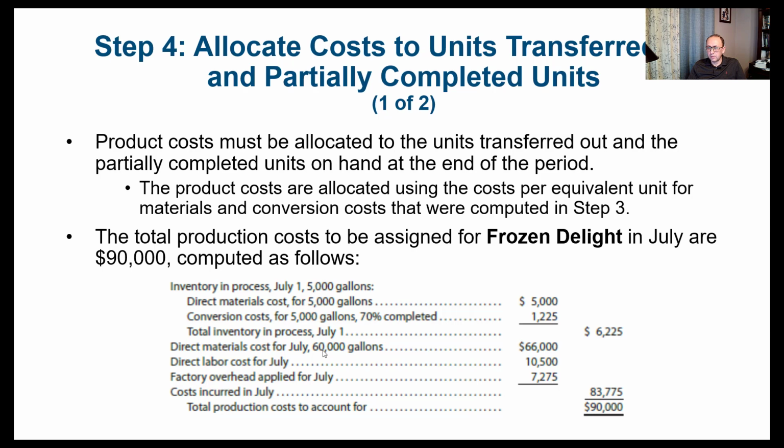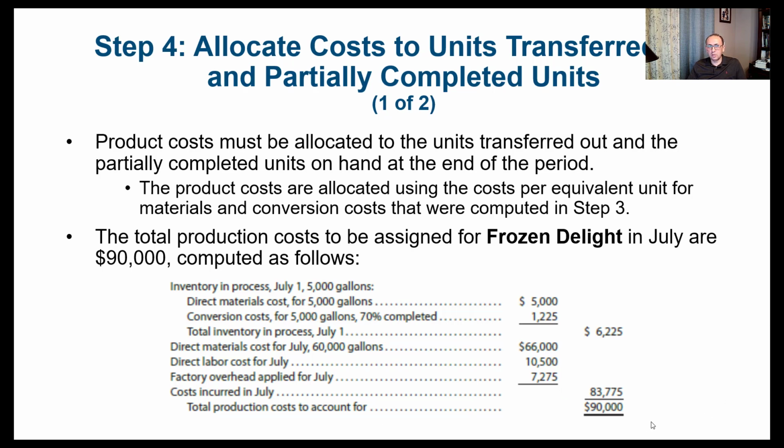The direct material costs for July were $66,000 for the 60,000 gallons. The direct labor is the 10,500, the factory overhead 7,275, and the cost incurred in July is the total of these three numbers, which is 83,775. If we add these two together, then the total production cost to account for is $90,000.